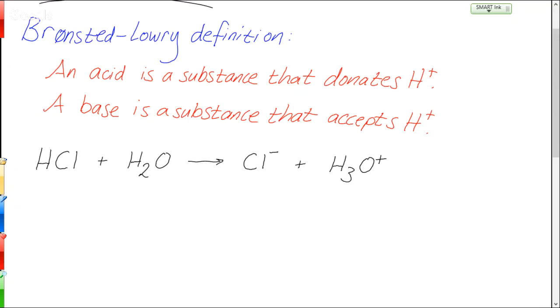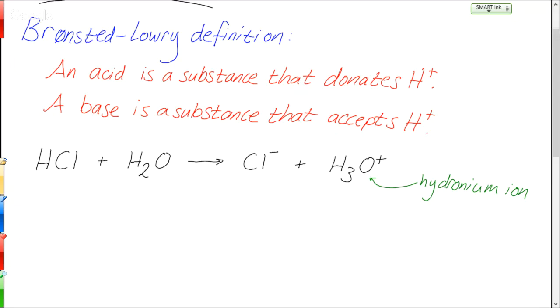It's like water with an extra hydrogen and a positive charge, so it's an ion. Hydronium ion.